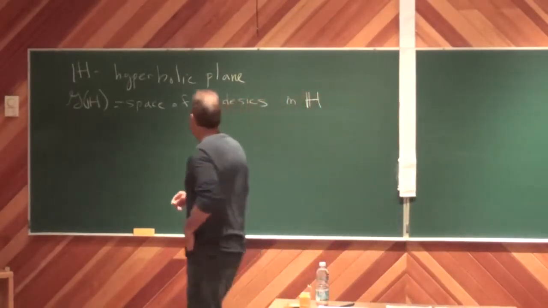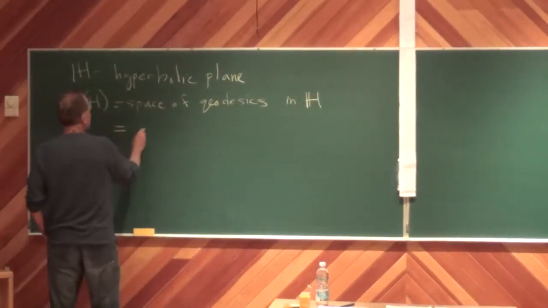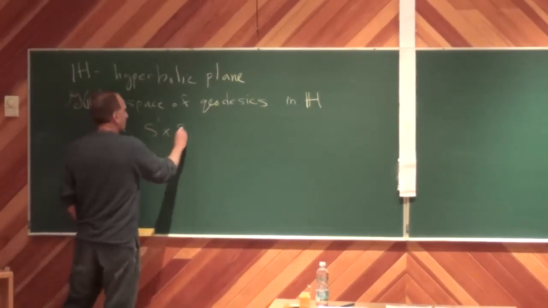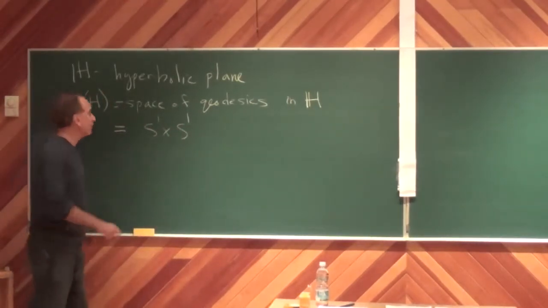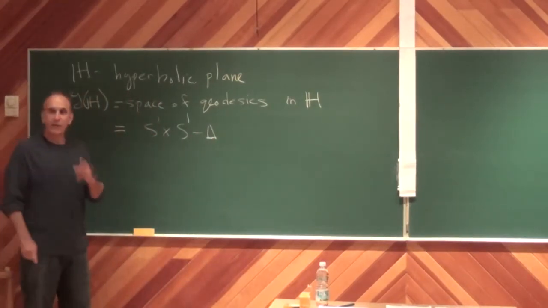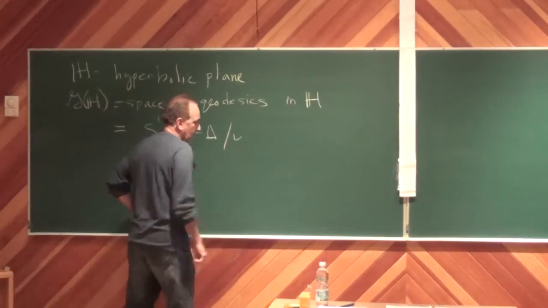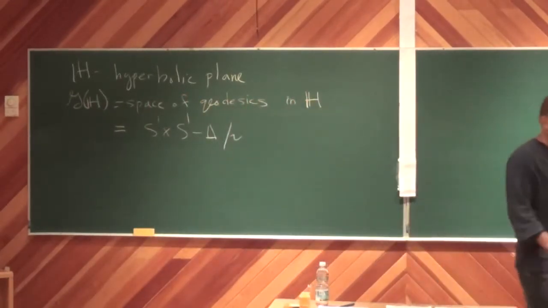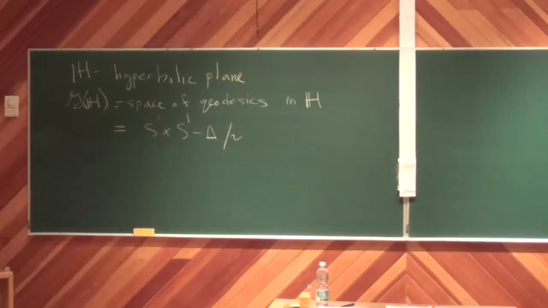Okay. So this can be identified with, and this is how we put the topology on the space of geodesics, 2 points on the boundary, take away the diagonal, and since they're unoriented, mod out by the Z2 action that switches one endpoint to the other.